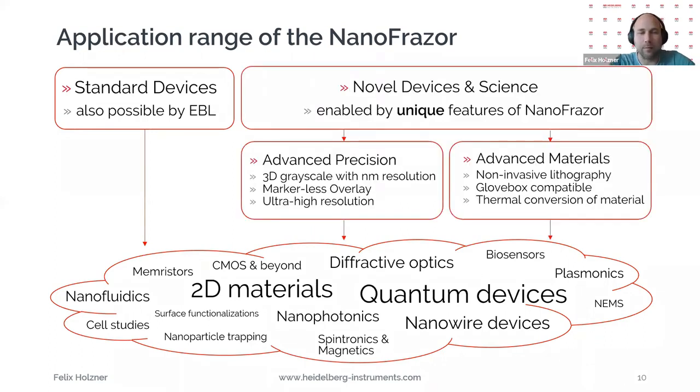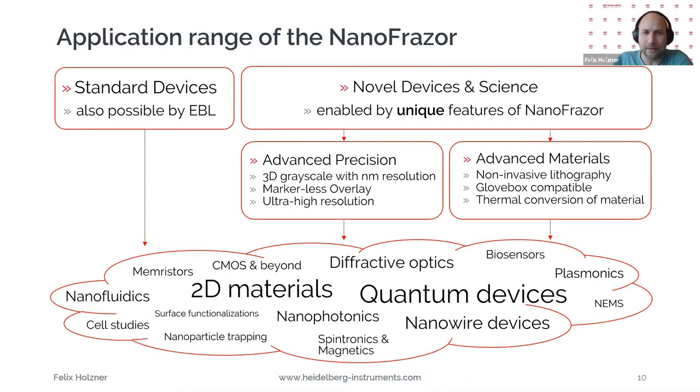But at the moment, the majority of our customers acquired and use the NanoFrazor because they are working on something new, which is not possible with conventional nanofabrication techniques. That can be related to making structures that require very advanced precision, be it on the 3D scale, or very complicated overlay, or complex high resolution features, which are difficult to do with other techniques.